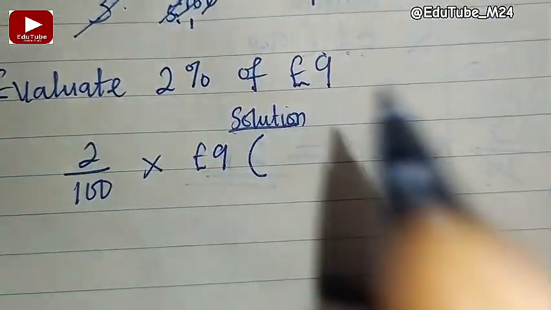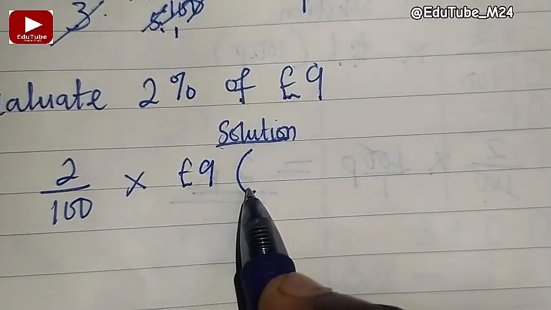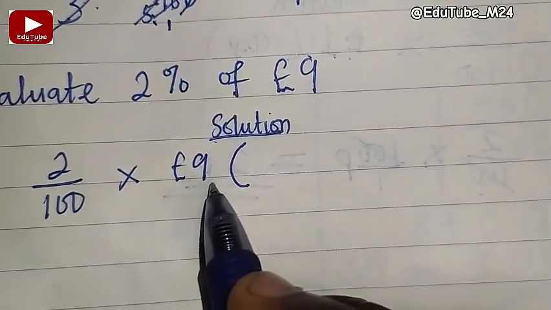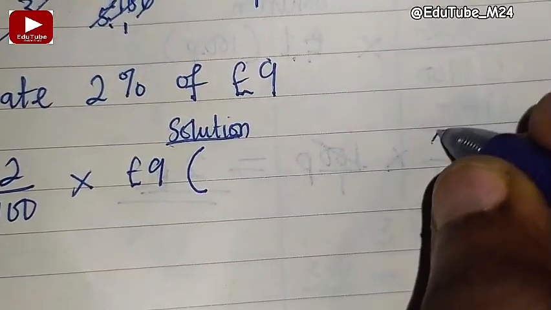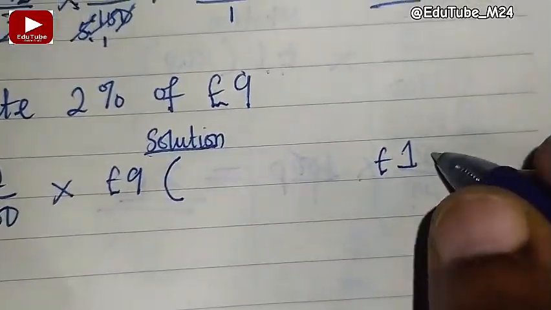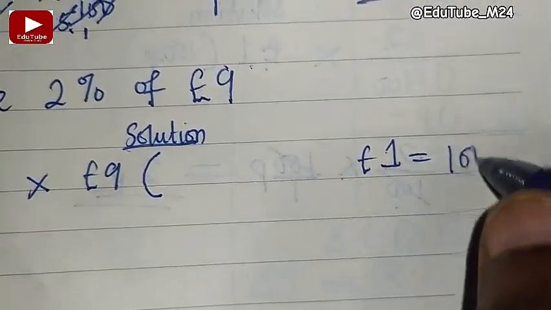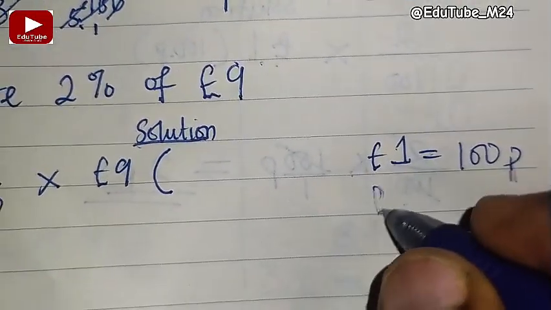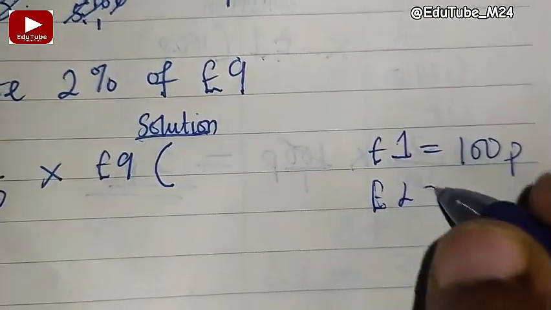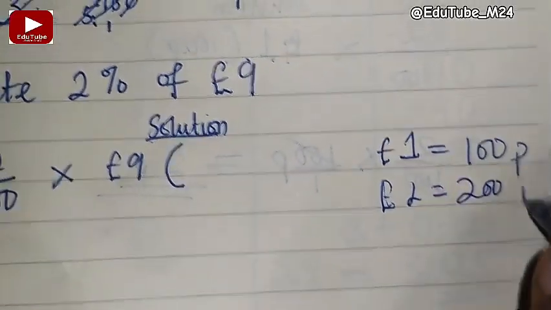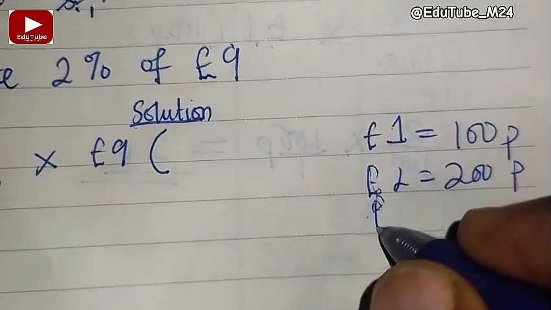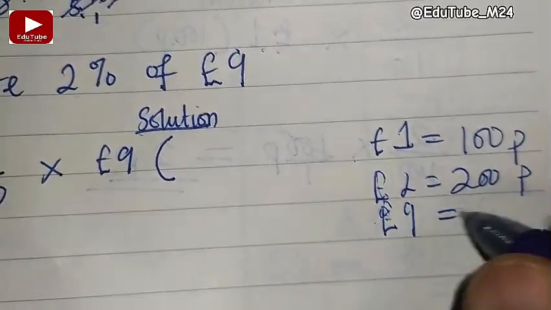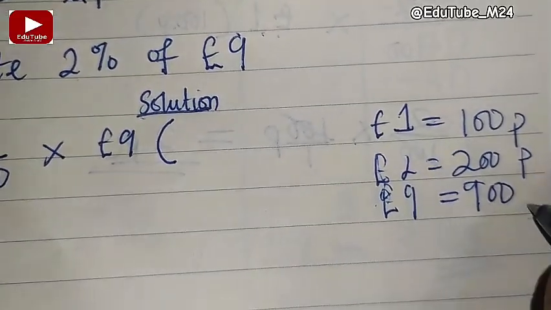Now £9, £1 is equivalent to 100 pence. So that means £2 will be equivalent to 200 pence, and then £9 will be equivalent to 900 pence.